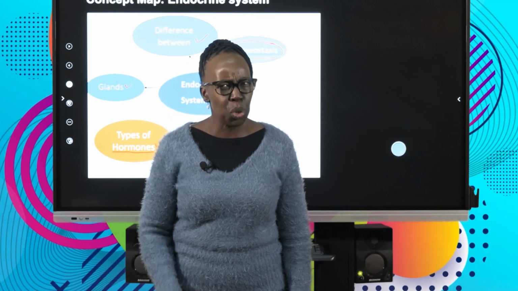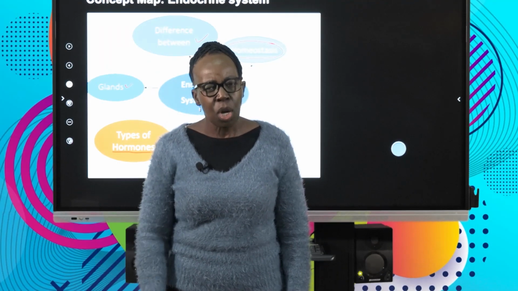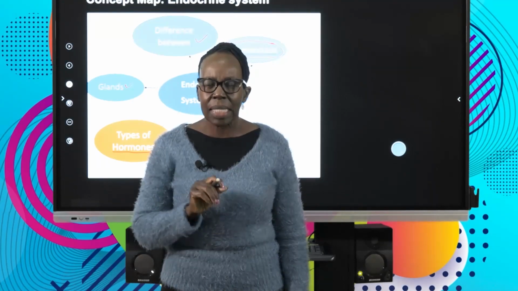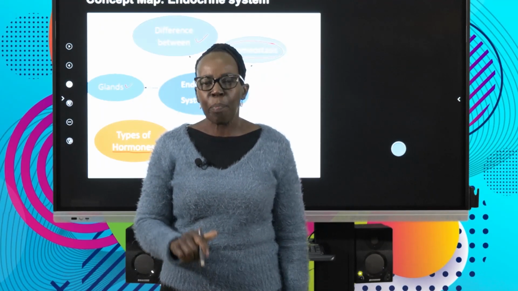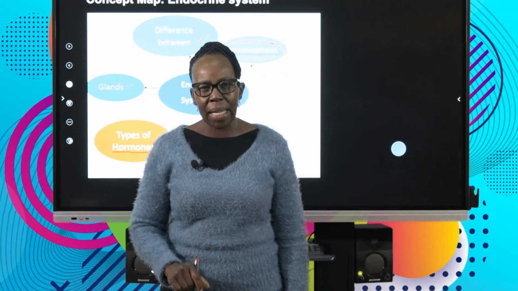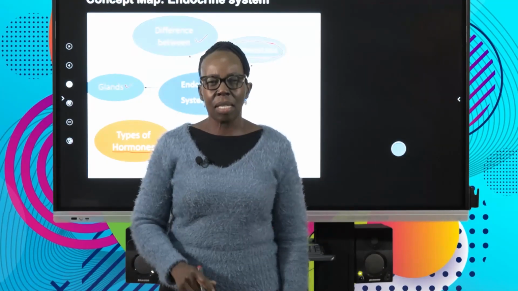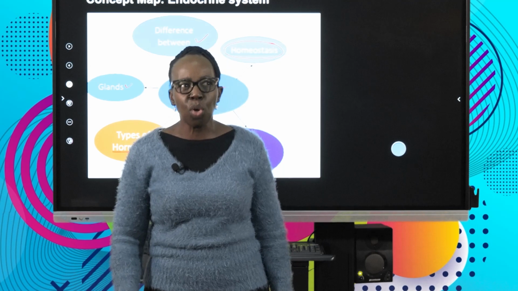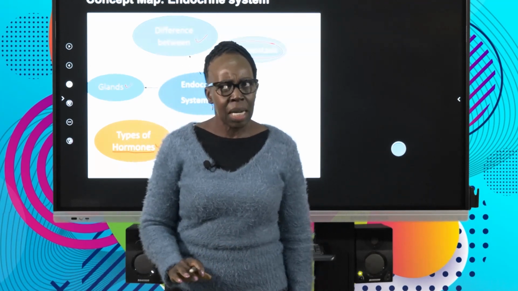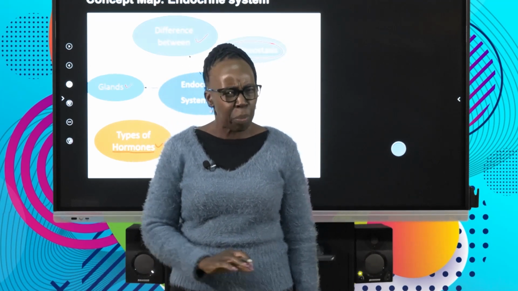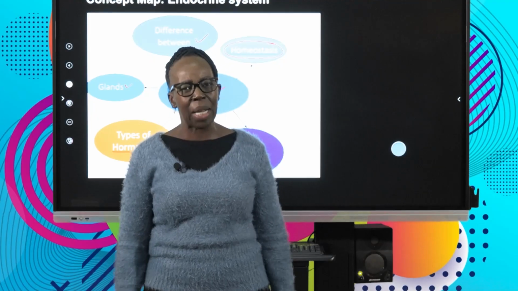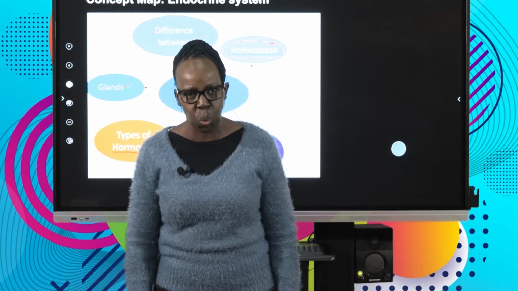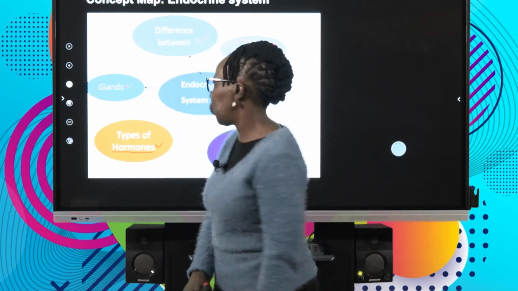And now when we're talking about homeostasis, we are looking at human beings, don't forget. Homeostasis is nothing else but the process whereby the body gets the internal environment balanced. So we are going to look at different factors that the body balances and how it balances its internal environment independently. So let's continue now.